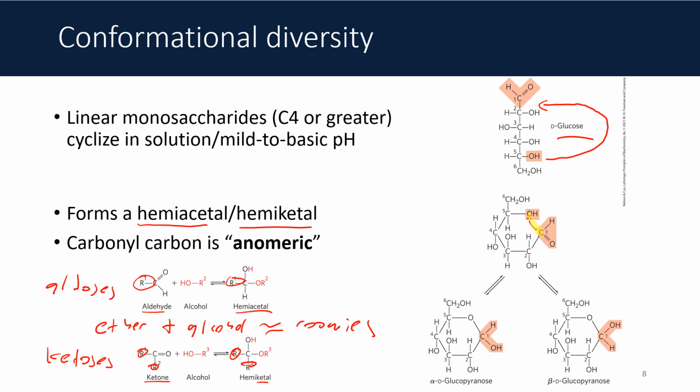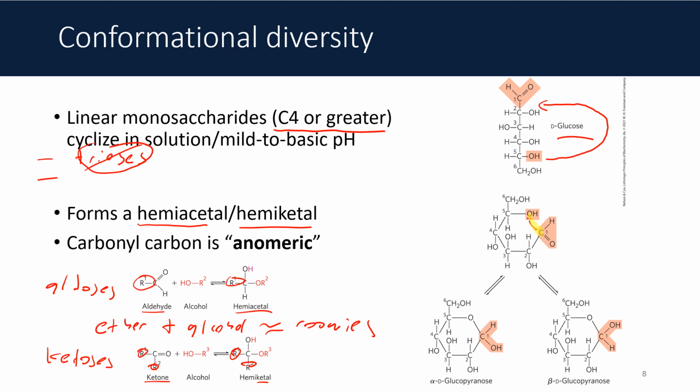So there's a couple of caveats to this cyclization reaction that I've just described. It is spontaneous, but it doesn't happen in all conditions and to all carbohydrates. For example, I said that it only occurs in C4 sugars or greater, tetroses, pentoses. It doesn't happen to trioses.